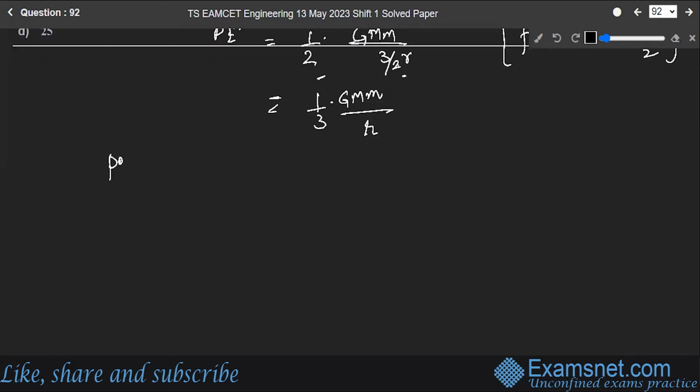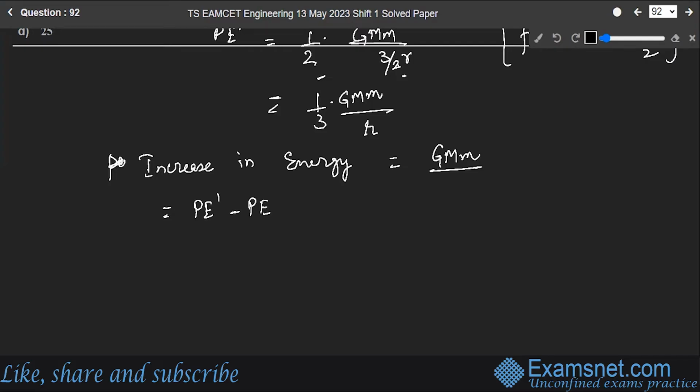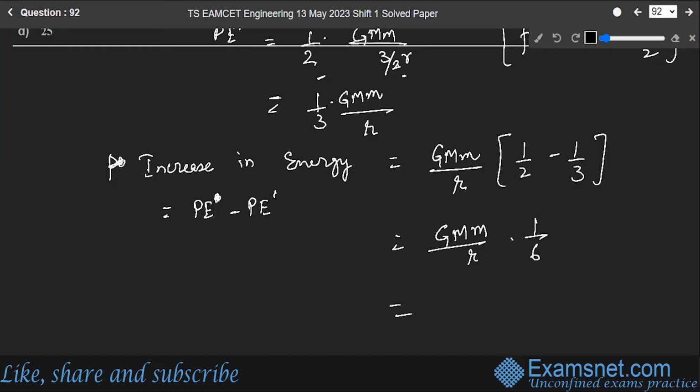So first of all, the increase in energy is given by, I'm taking GMm. This will be equal to PE dash minus PE. I'm taking GMm upon R outside: 1 by 2 minus 1 by 3, or this is equal to GMm upon 6R.